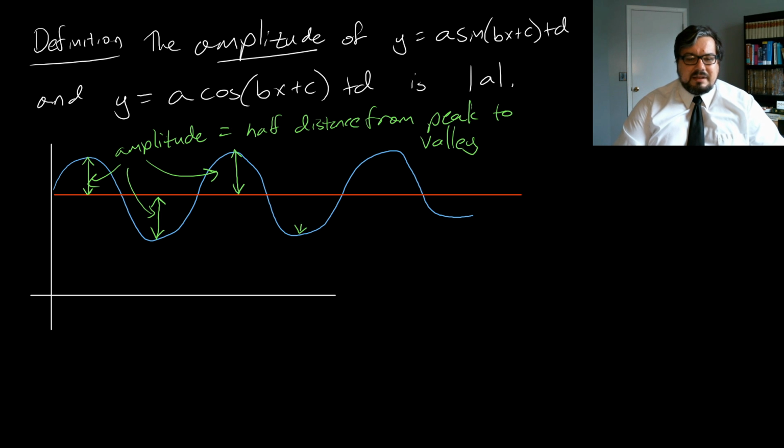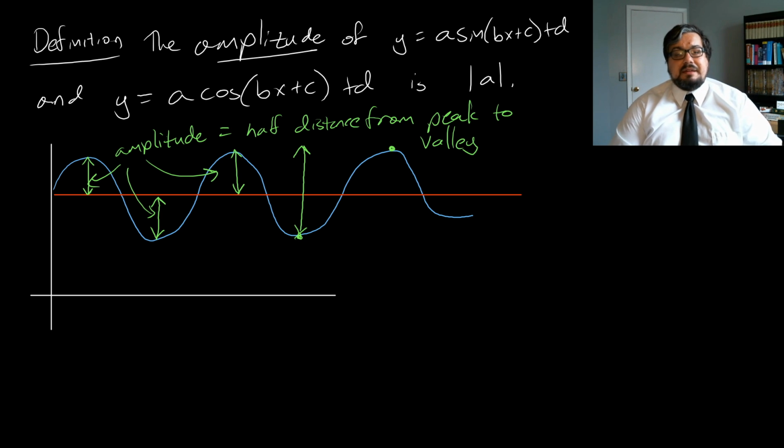So if I take the full distance, say the difference in the y values between the top of the curve and the bottom of the curve, half of that will be the amplitude. So that's how we handle the graphs of sinusoidal functions when a is something other than 1.